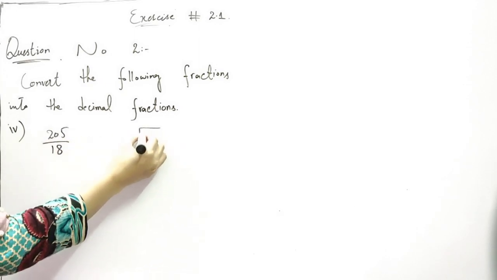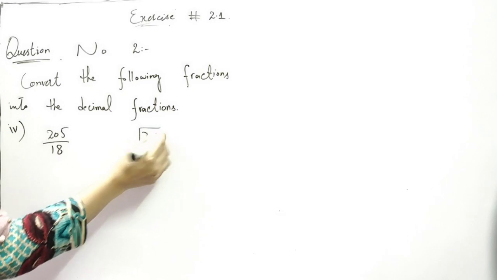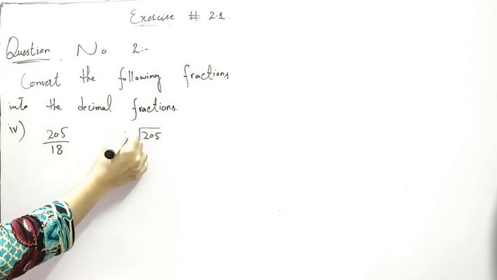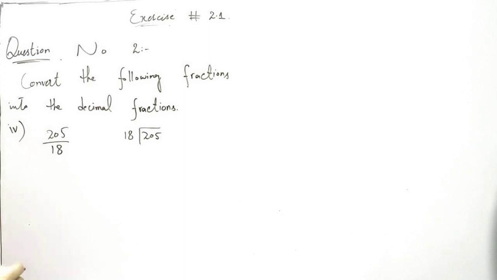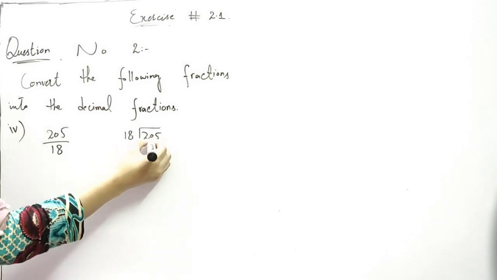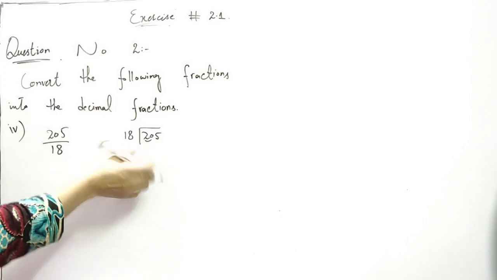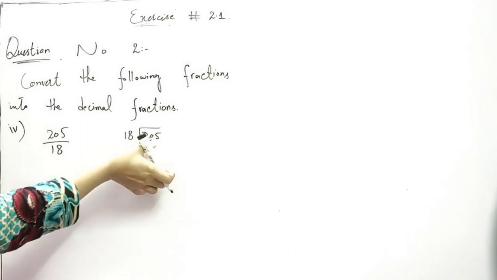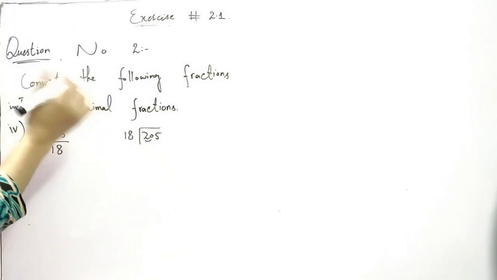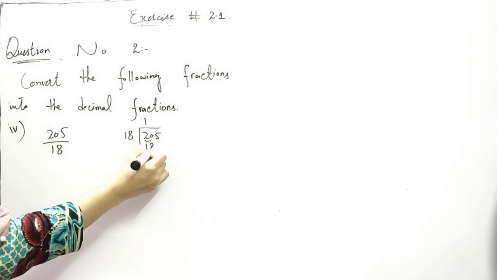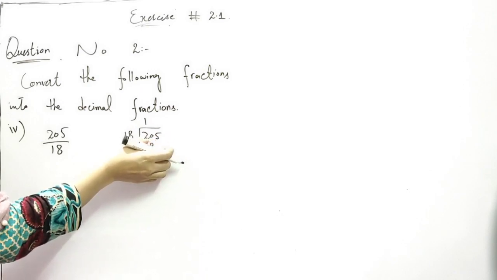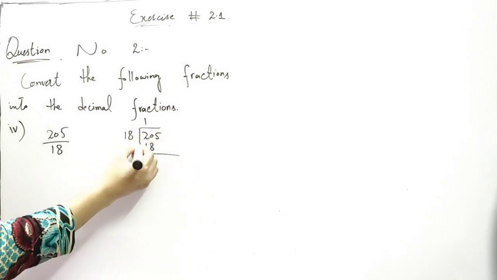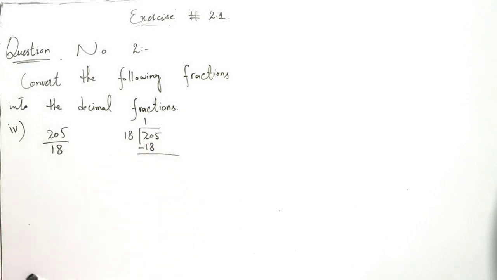Now put 205 under the division and 18 outside the division. We take these two values, and this is 20 and this is greater than 18, so I can divide 20 by the 18. So 18 ones are 18. This is the lesser value than the 20. Now we will minus.